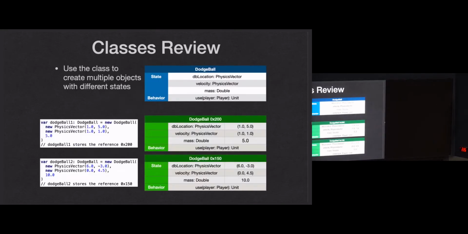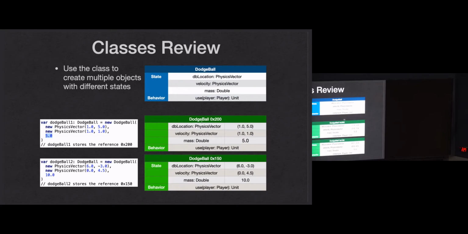Now that we have classes, we can have multiple objects of these types. I'm going to create new dodgeballs, give it the initial location, initial velocity, and mass, and I'm going to get two different objects on the heap. I'm going to have references to those objects.